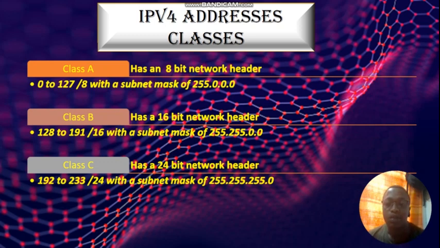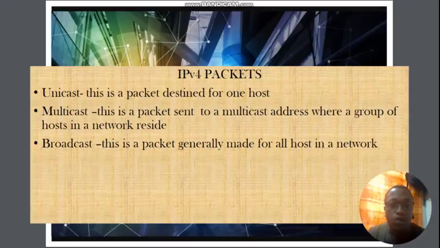I believe we now understand what a network header is. And in class C, in the first octet, we have 192 to 223 with a 24-bit network header. Okay, and a subnet mask of 255.255.255.0. So you can basically see the difference in the subnet mask, and those are the basic IPv4 classes.